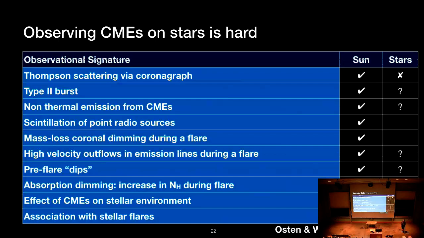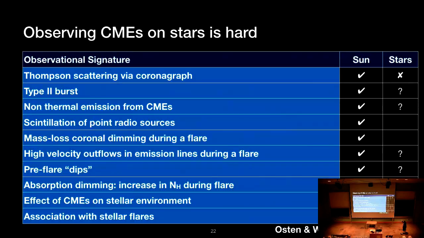Part of the reason for that is because of what I said before, that observing flares on stars is easy, right? Pick a region of the electromagnetic spectrum and you're going to see a signature of a flare. This is a list of some of the observational signatures that have been used to study coronal mass ejections.